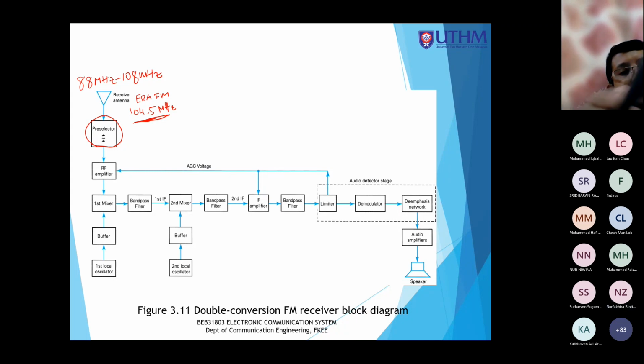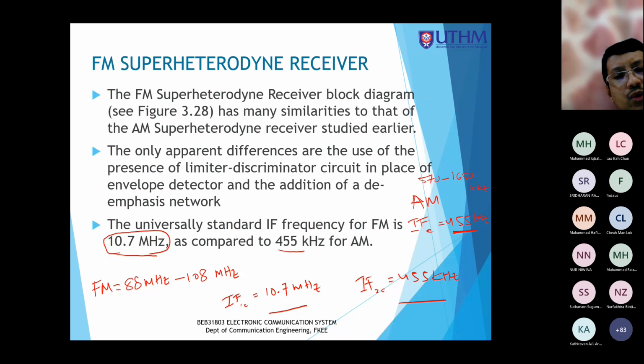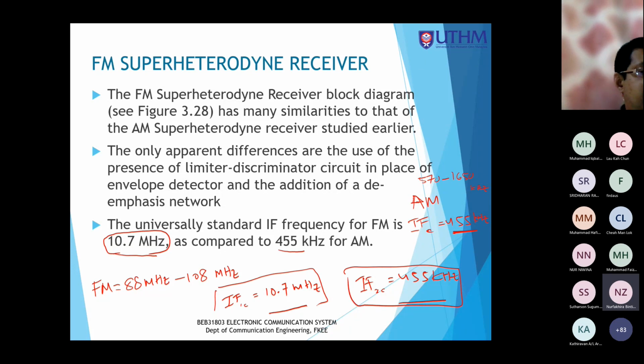As I've mentioned previously, there are two intermediate frequencies. The first one is 10.7 megahertz. So the first IF center is at 10.7 and the second IF would be 455.